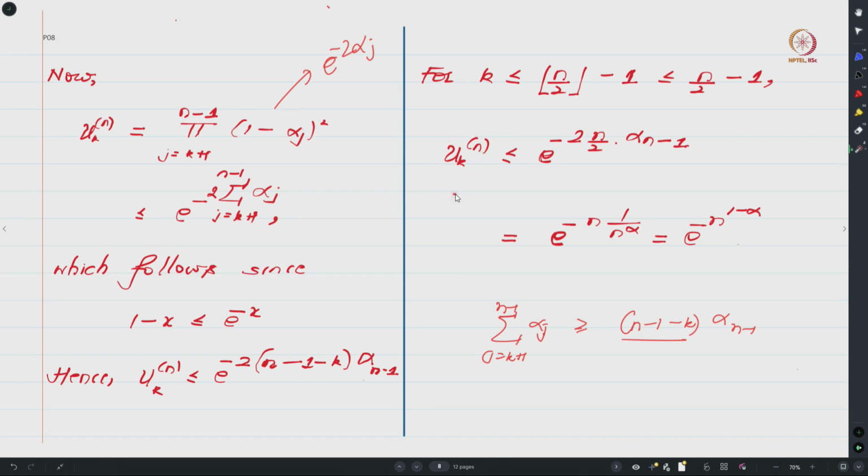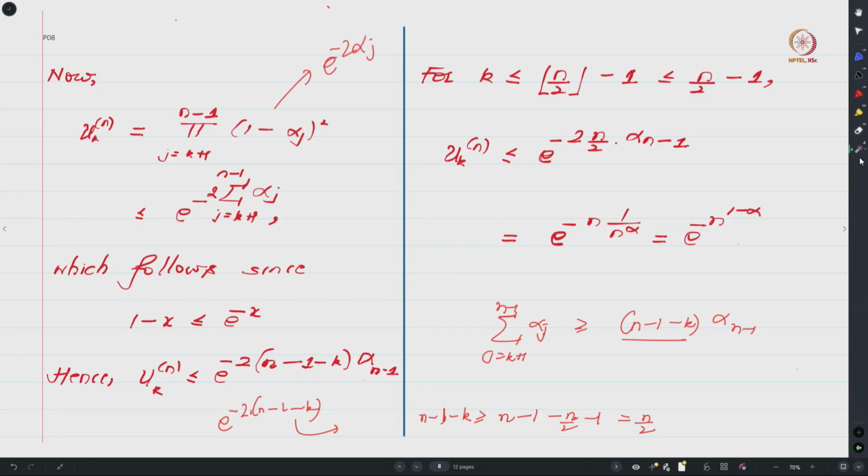So ukn is some expression like this, and here you can see that this is like e raised to 2 times (n minus 1 minus k), and since k is less than n over 2 minus 1, one can show that n minus 1 minus k is greater than n minus 1 minus (n over 2 minus 1), which is like n over 2.